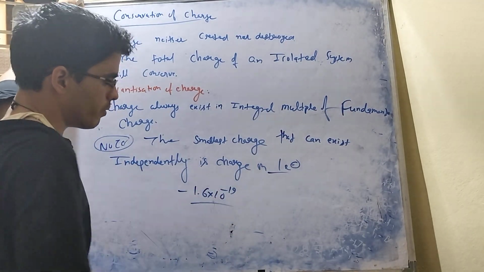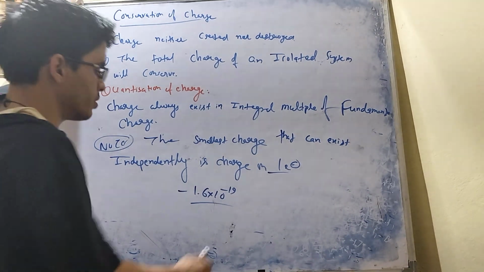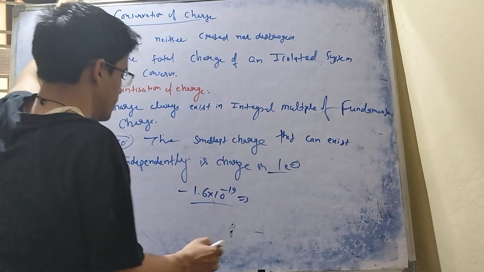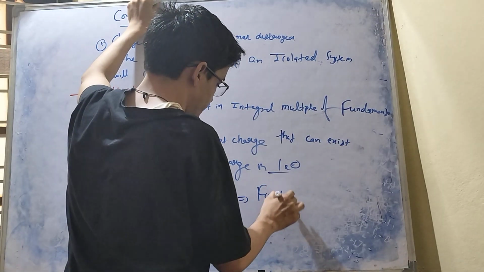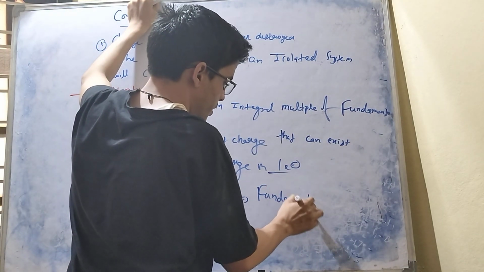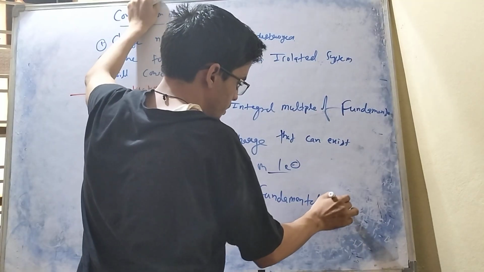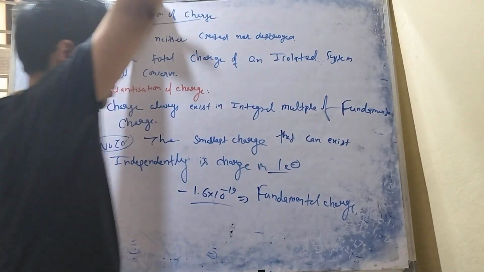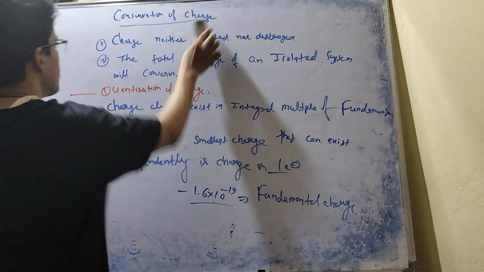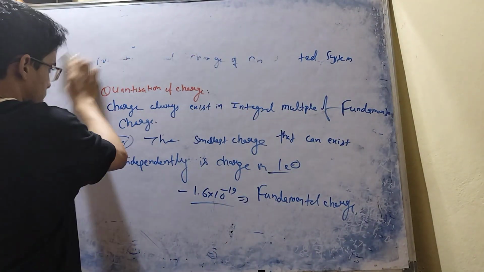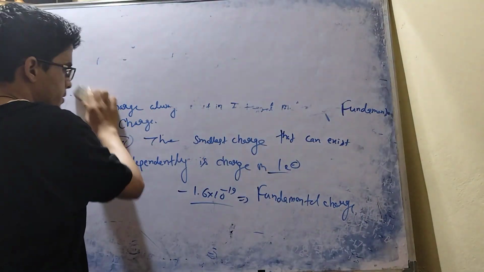This is a very small charge value. So this is the smallest charge, and we can assume this is the fundamental charge, right? Next, I want to tell one formula in case of quantization of charge.